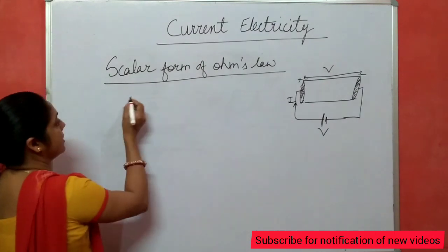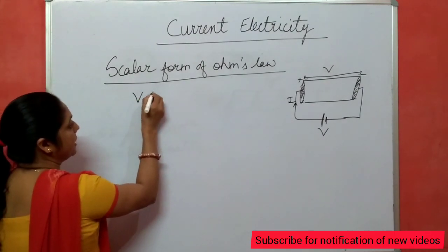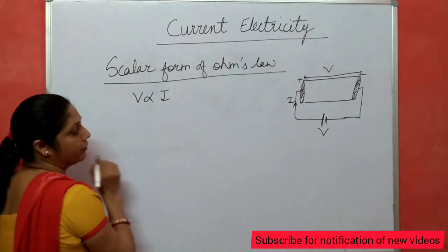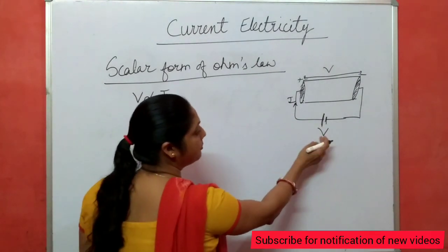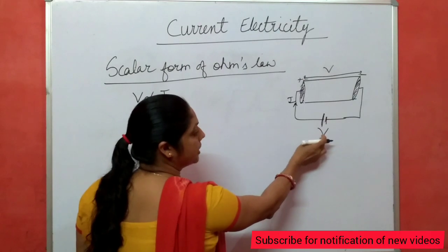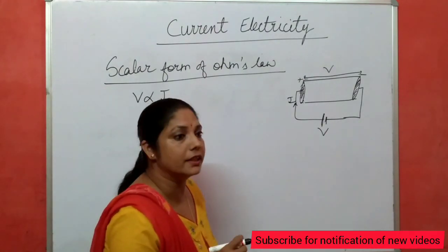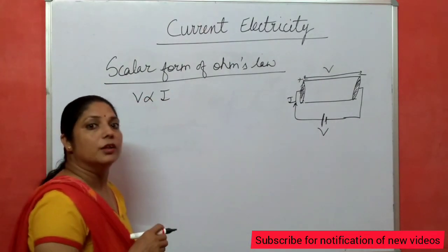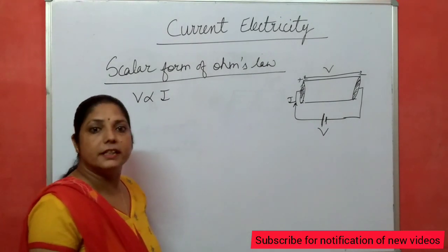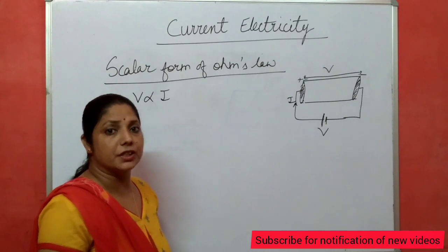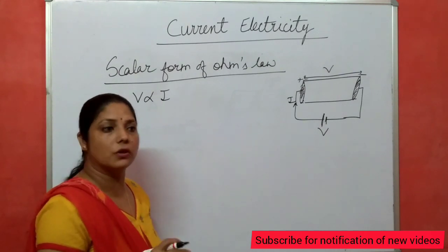So you can say that V is proportional to I. The amount of current flowing through a conductor is directly proportional to the potential difference applied across the ends of the conductor, but provided physical conditions remain constant. Physical conditions means what? Temperature, humidity, all these things remain constant.